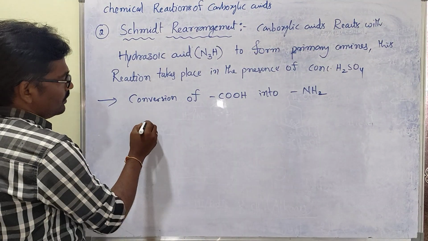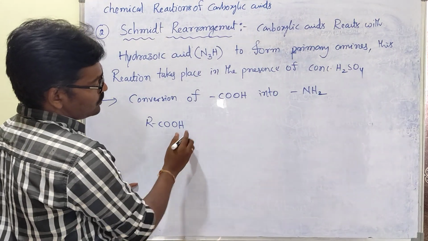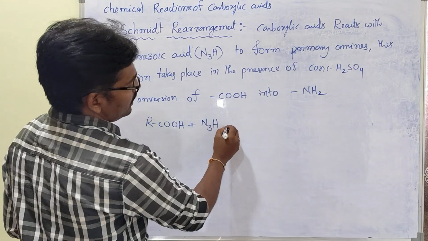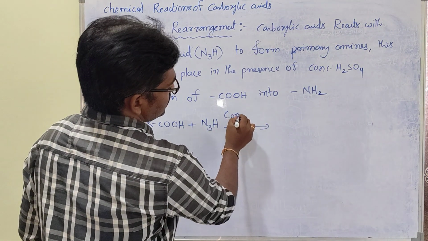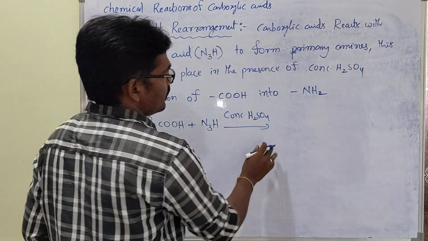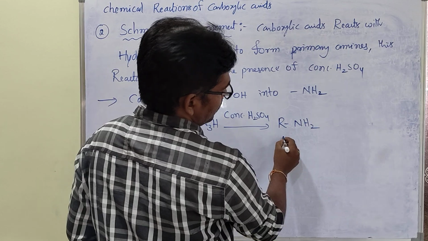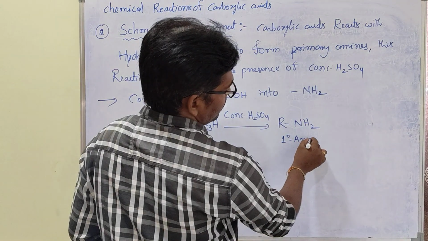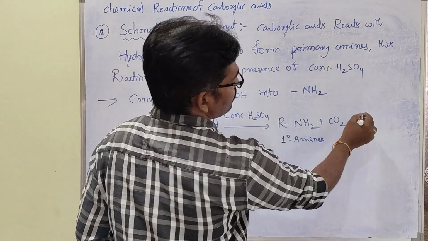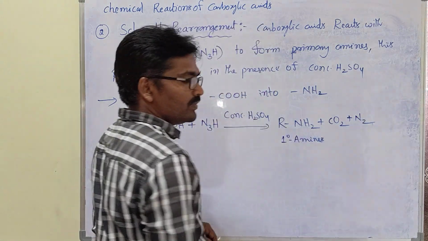For example, RCOOH, when it reacts with hydrazoic acid N3H in the presence of concentrated H2SO4, is converted into primary amines, plus CO2 gas released, and N2 gas also released.